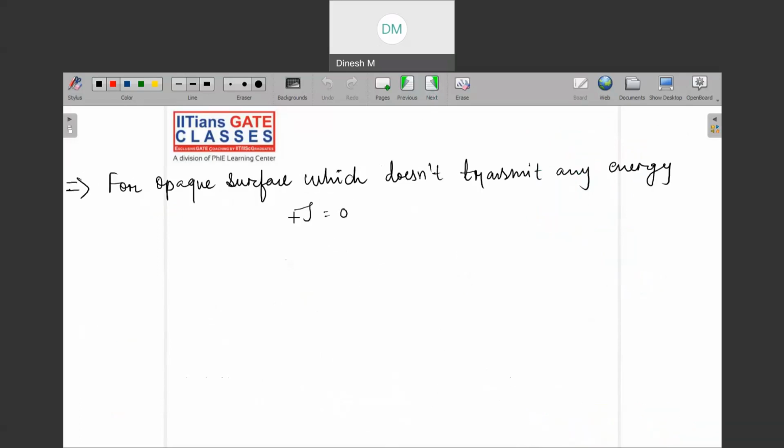But if at certain times your transmissibility was 0, then what does it mean? That this is an opaque surface, which is not transmitting. Then can I write down that alpha plus rho will be equal to 1 only. Why? Because tau is directly 0.